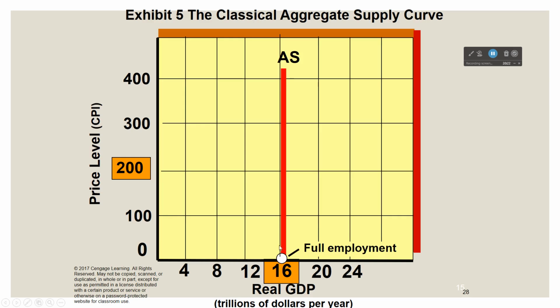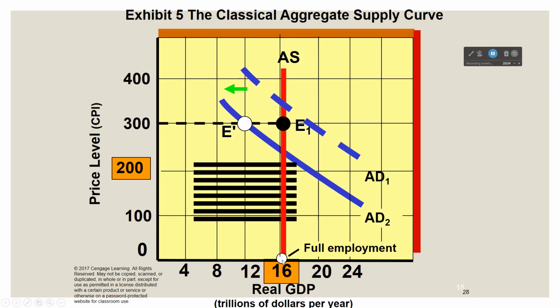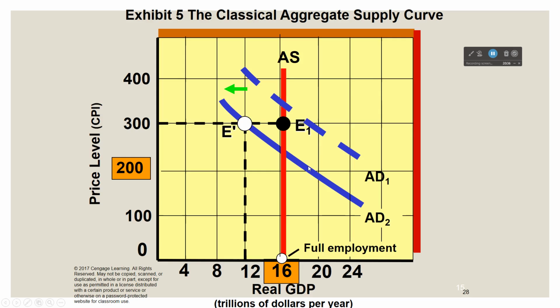So here is this vertical aggregate supply curve at full employment. You can see here the economy is operating at E1. Then we get a drop in aggregate demand from AD1 to AD2. At this price level, fewer goods and services are bought by consumers, businesses, governments, and foreigners.